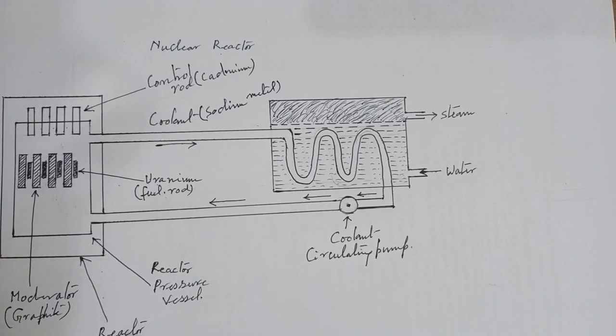This is the reactor. This is the reactor pressure vessel as per diagram. This is the moderator, graphite.